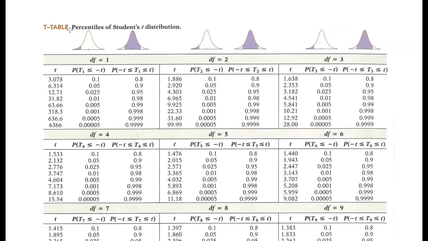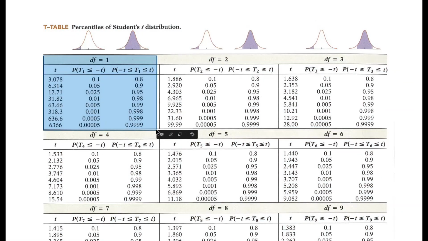And if you have a one-sided test, you use this column. And if you have a two-sided test, you use this column. So let's use the two-sided test. So if you only have 1 degree of freedom, then you use this part of the table, right?